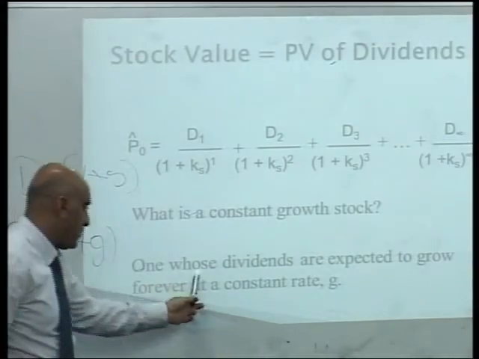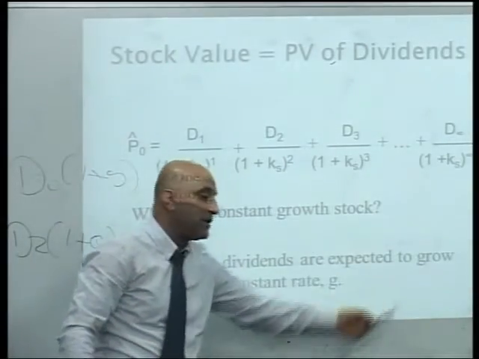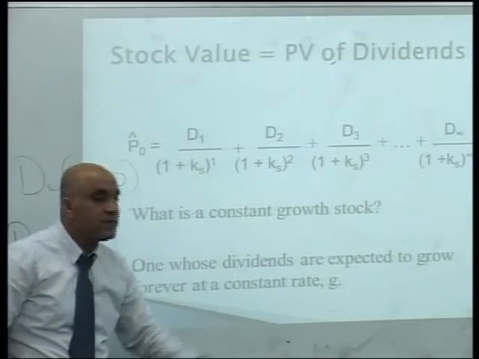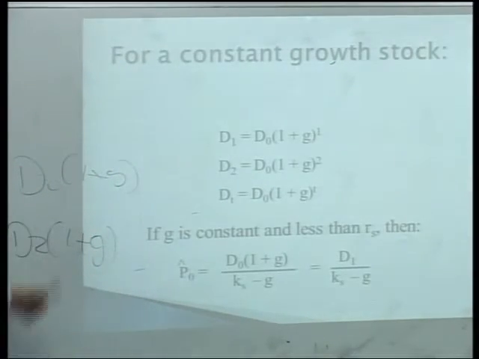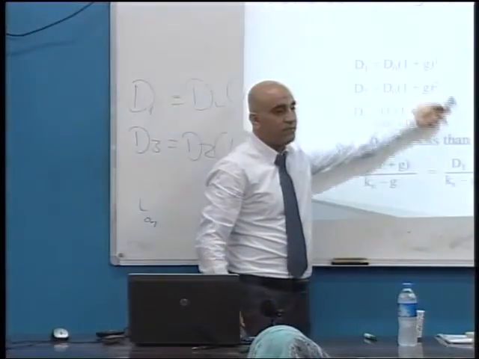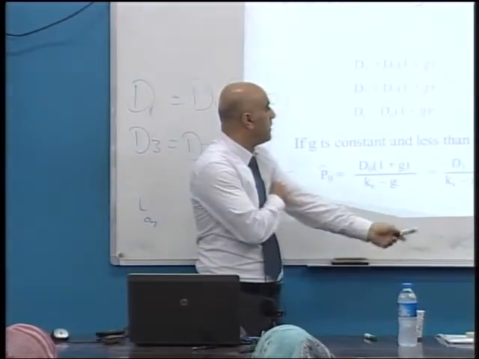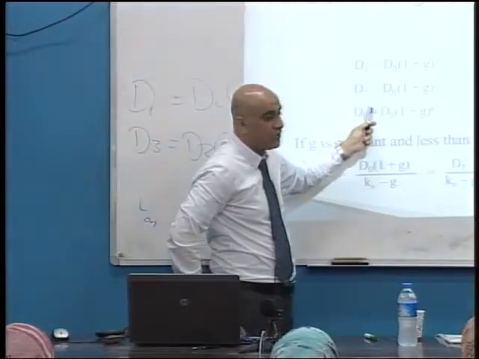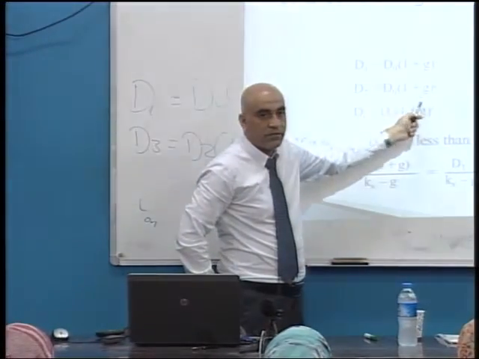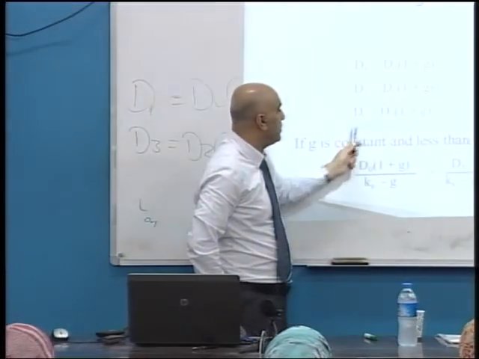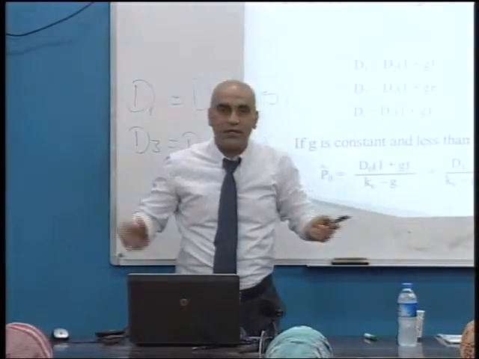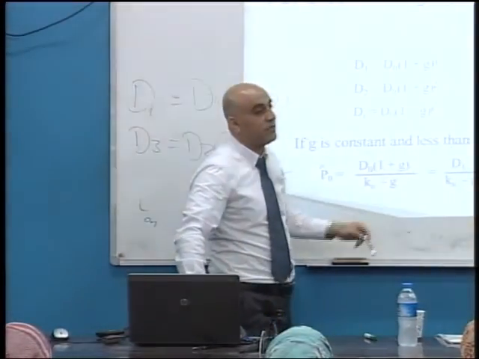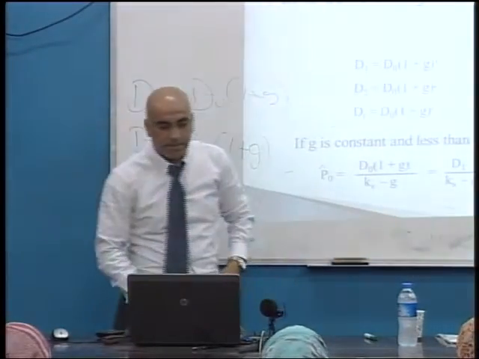So, one whose dividends are expected to grow forever at a constant rate, G. As I explained, D1 is D0 times (1 plus G) raised to the power 1. D2 is D0 times (1 plus G) raised to the power 2. Dt, D at time t, for any t, is equal to D0 times (1 plus G) raised to the power t.